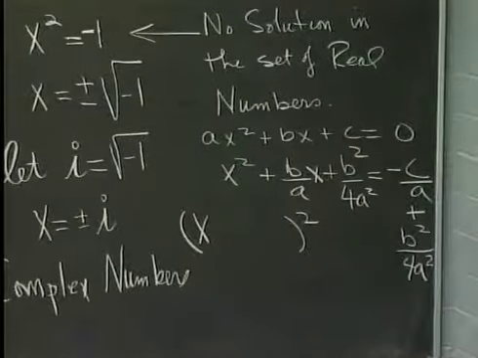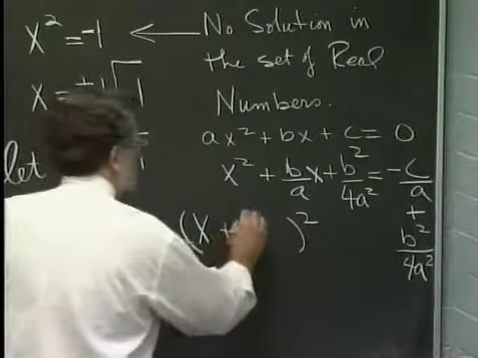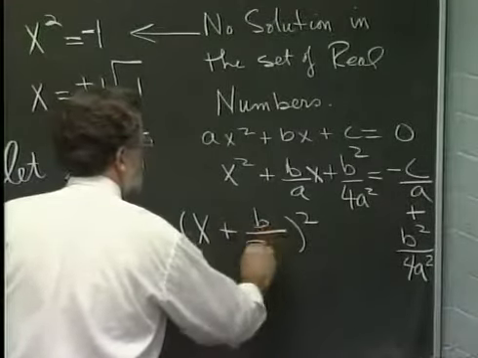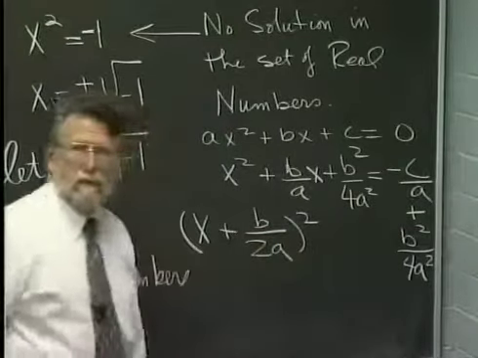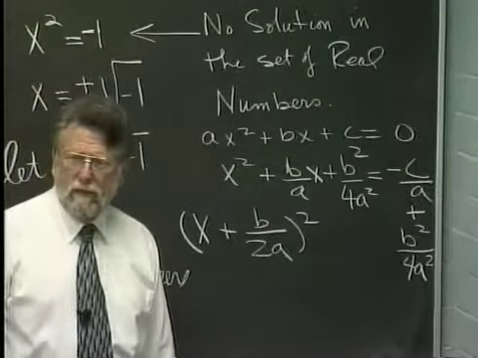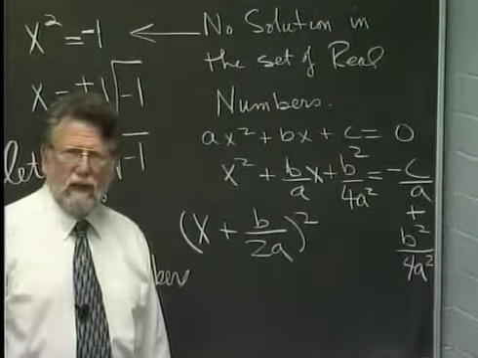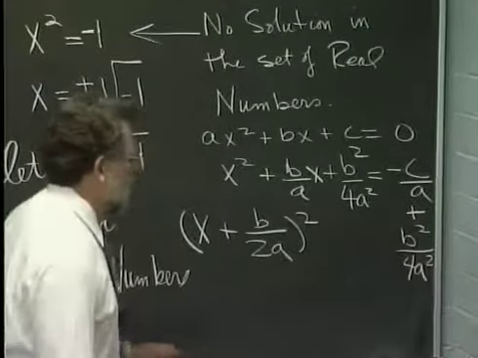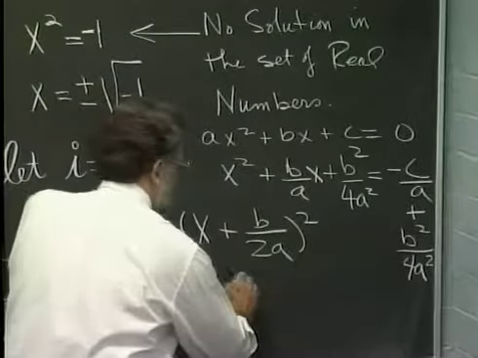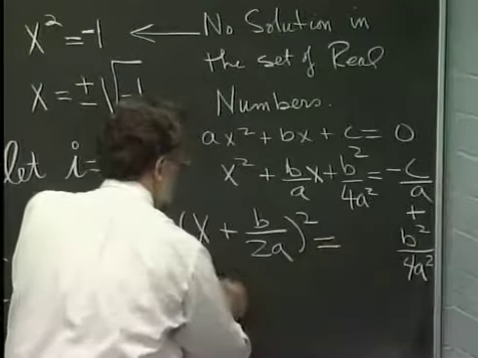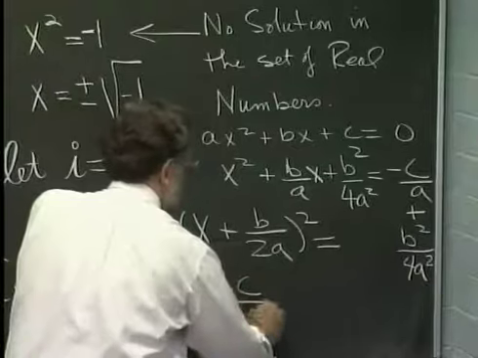So what am I going to put there inside that parentheses? A b over 2a. So I have x plus b over 2a. And then on the right side, what do I have? Well, I have minus. I'm going to write it this way for a moment.